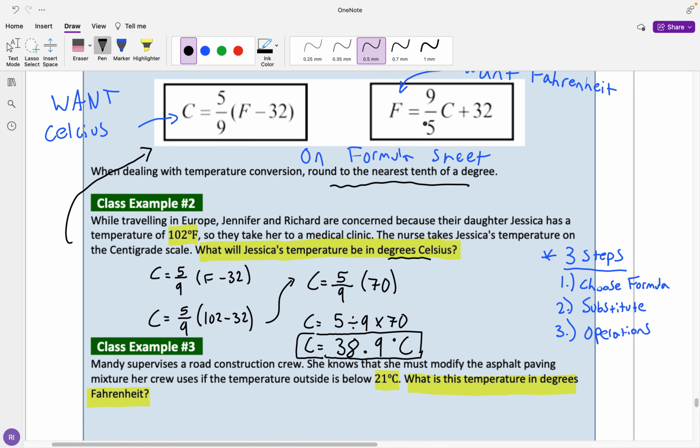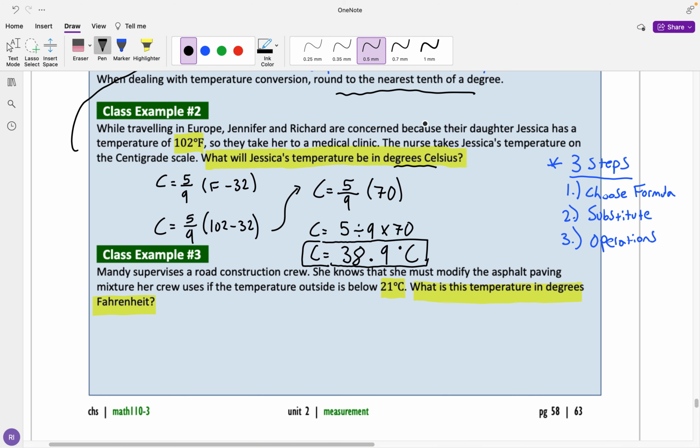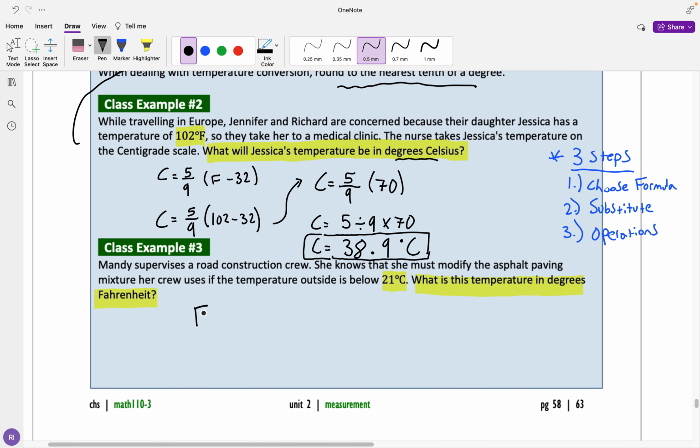The one on the right. Fahrenheit is 9/5 C plus 32. I'll substitute 21.